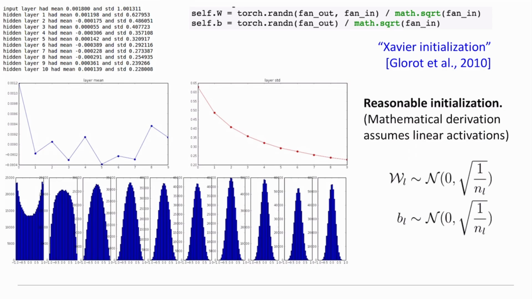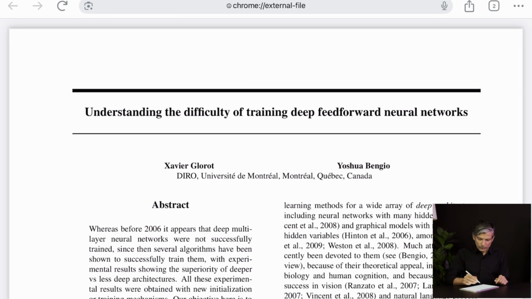And then Bengio, and so this is the paper that these guys wrote, and I want to show you the paper first before I talk about how they did it. So this Xavier Glorot and Yoshua Bengio, they wrote this paper back in 2012, I would say, where they spoke about how to do this weight initialization right, and they called this paper Understanding the Difficulty of Training Deep Feedforward Neural Networks.